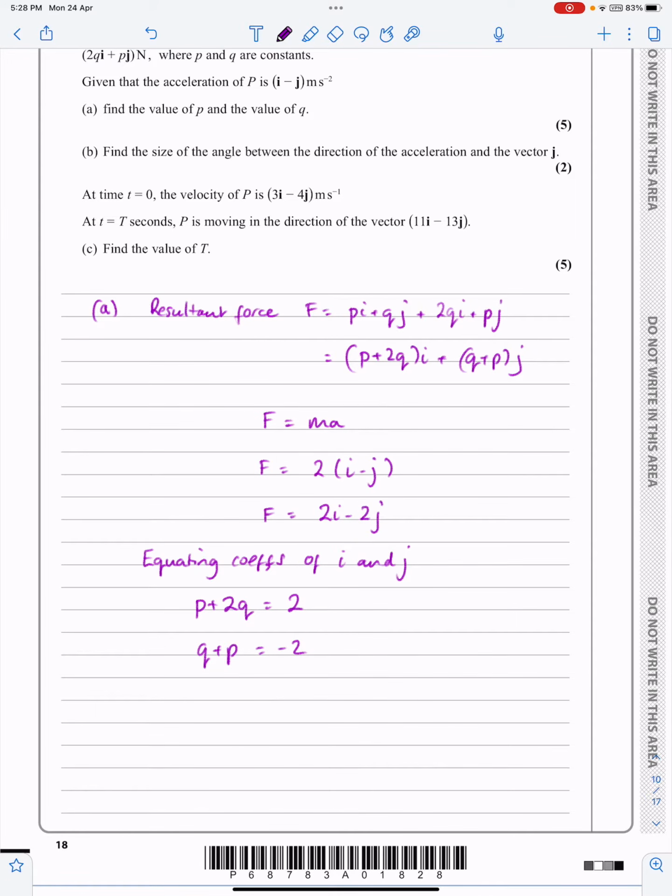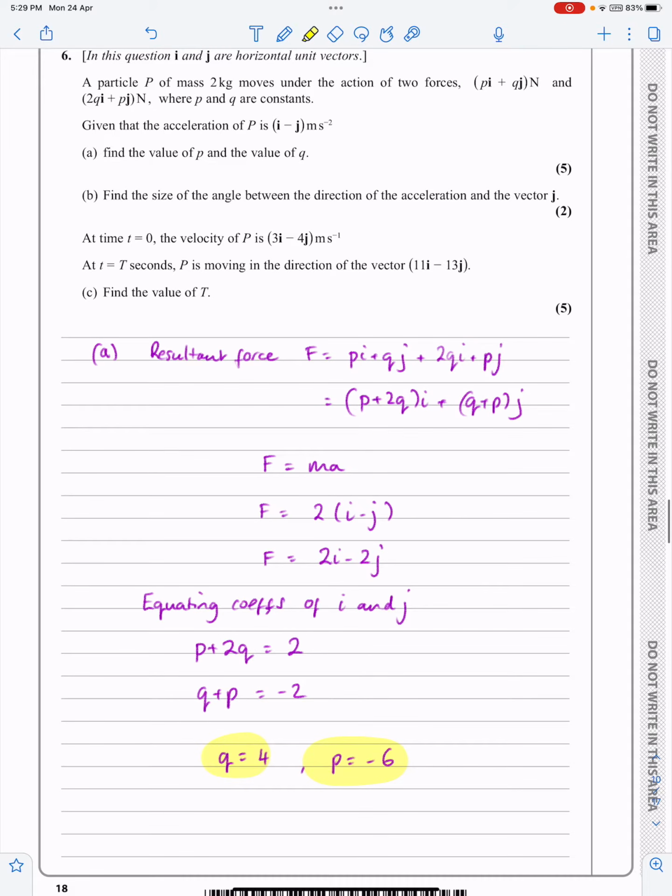Well, even on a video, I'm not going to go through and do that. You work that out. It works out to be Q equals 4 and P equals -6. Okay, so first part of our answer done.